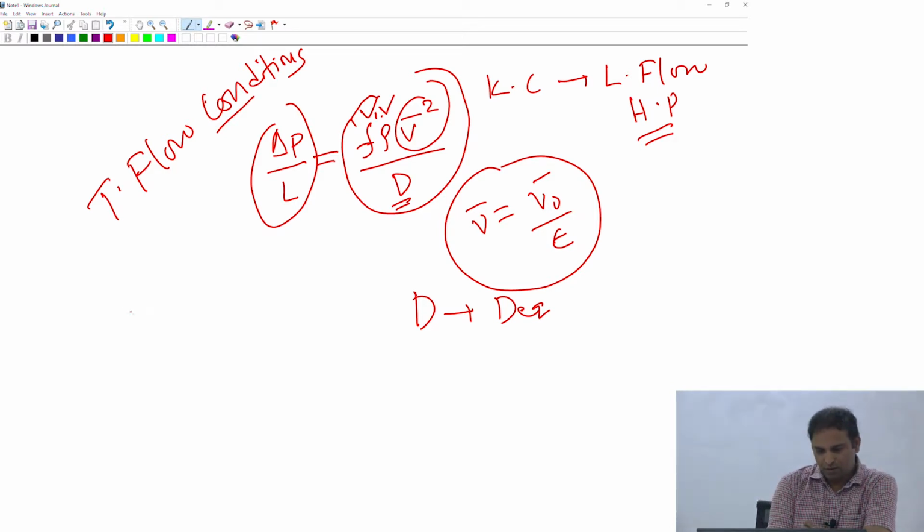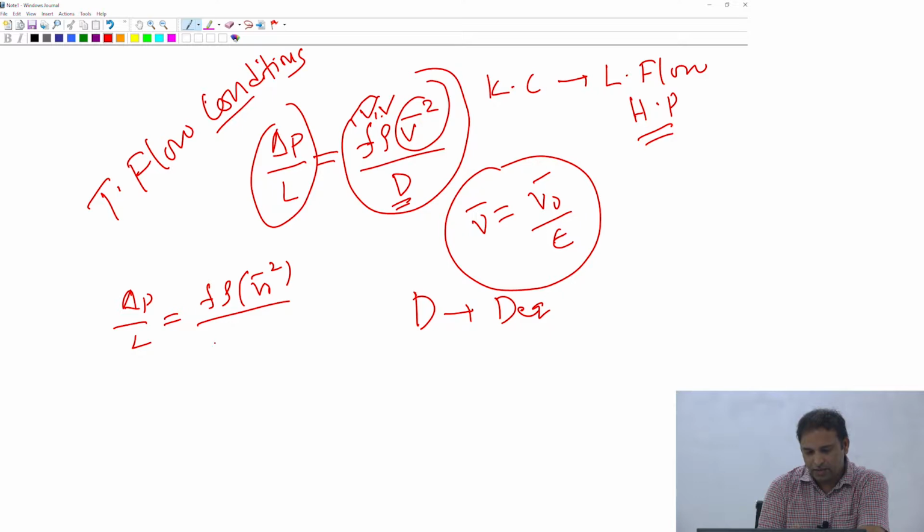So it's going to be delta p by L, you're going to have f, rho, and V naught bar square divided by epsilon square at the bottom, and your D equivalent is going to be 2 by 3 into phi s into dp into epsilon divided by 1 minus epsilon.